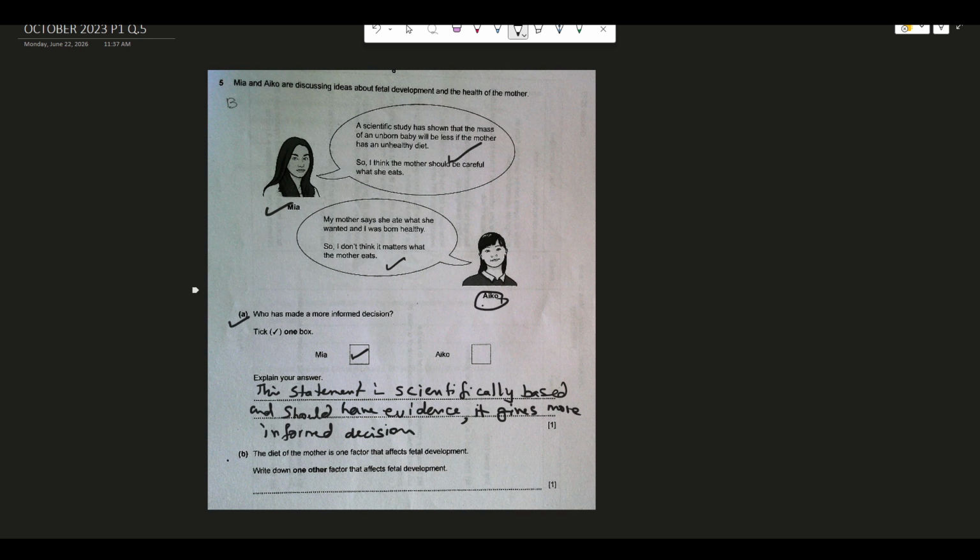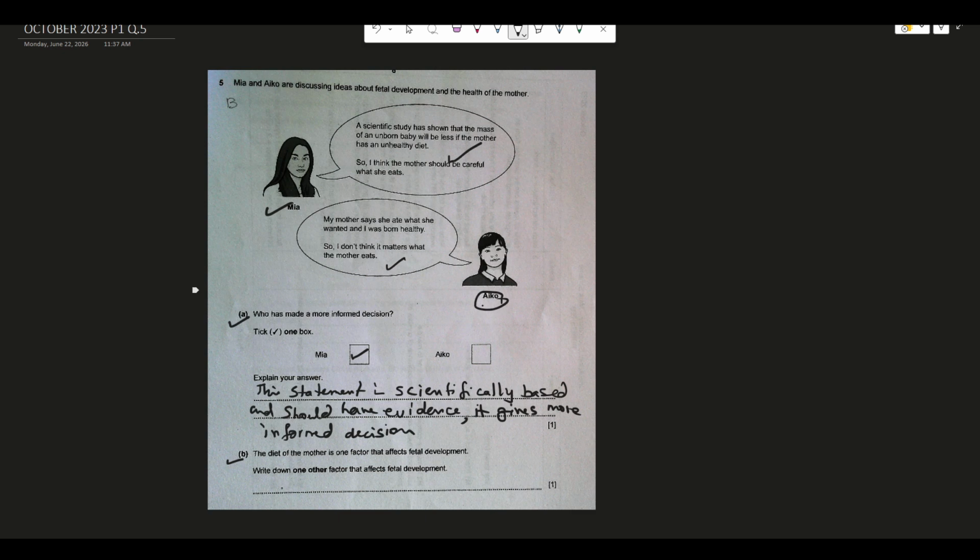Now, next is the B part of the question. It says that the diet of the mother is one factor that affects the fetal development. Write down one other factor that affects the fetal development. Of course, diet is a very important factor in the development of the fetus. But he has asked you to give one more factor which affects fetal development.